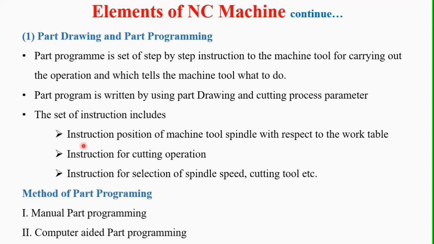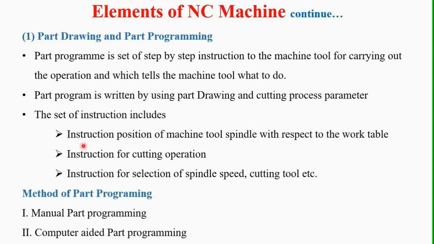It is coded in numerical or symbolic form on some type of input medium that can be interpreted by the controller unit. The most common input medium today is one-inch wide punched tape.